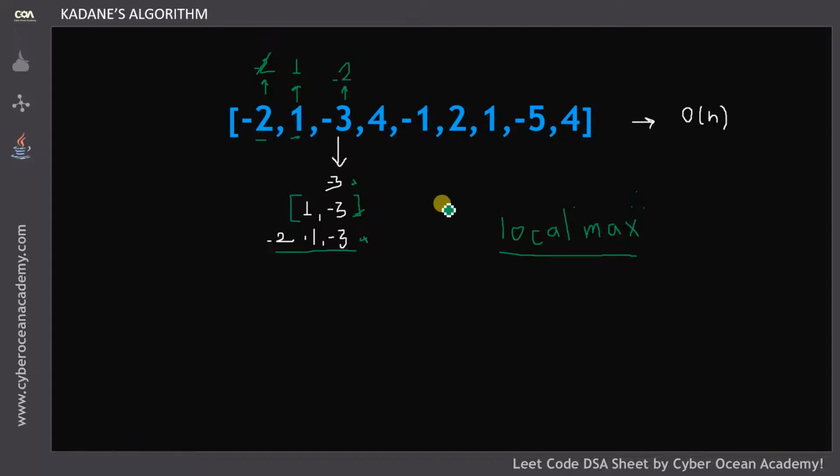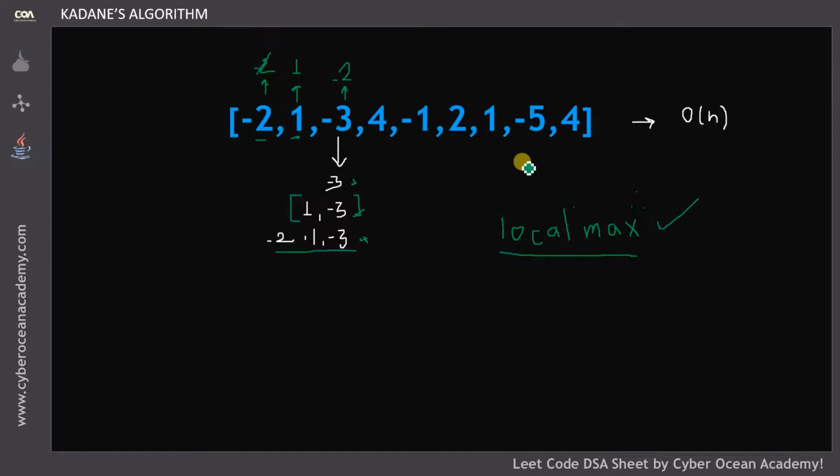There are two phases in this algorithm. First we calculate the local maximum. After finding every local maximum, we find our global maximum. How we find the local maximum is another thing. First understand there are two phases.